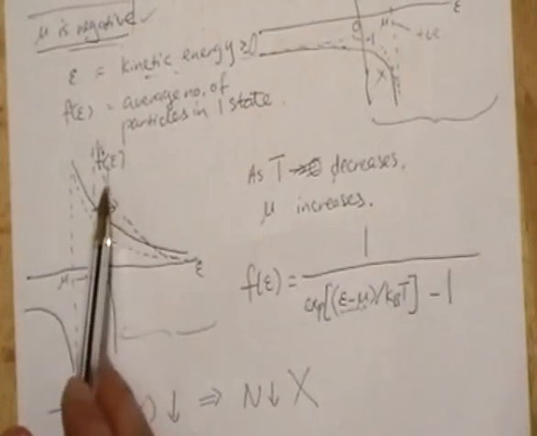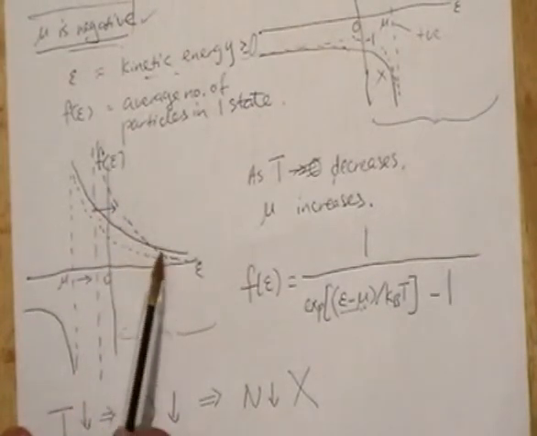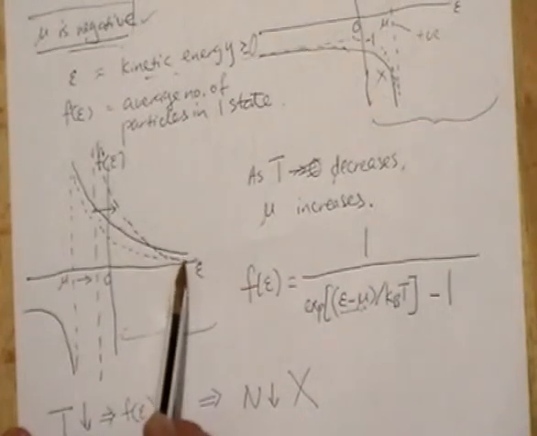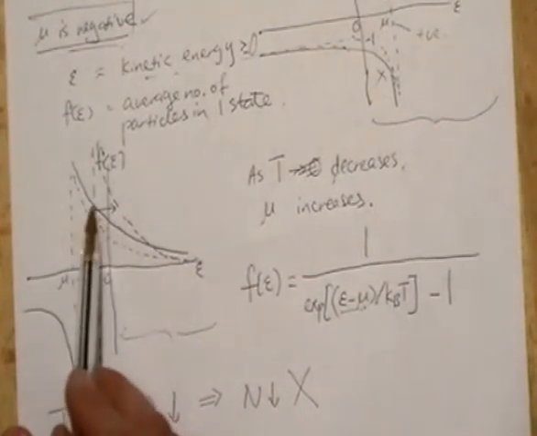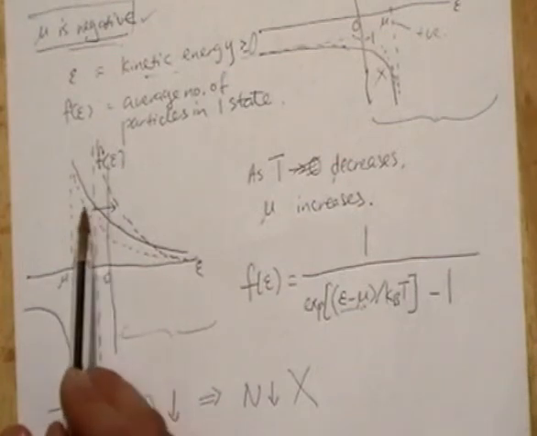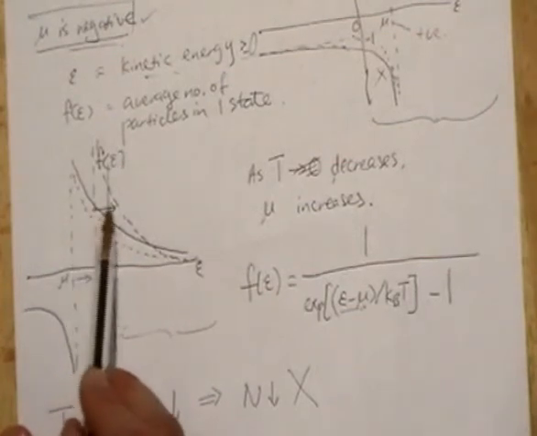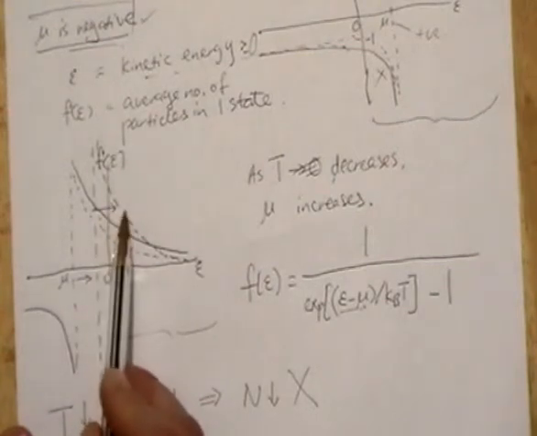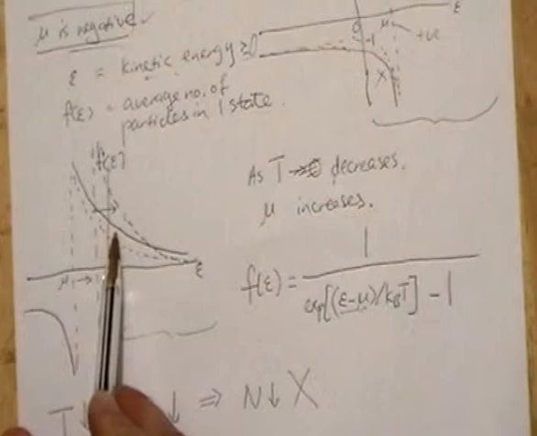So you see, the higher energy part of the curve is still lower than the previous curve, but what was on the negative energy side has now moved over to the positive energy side, and this part is higher than the previous curve.